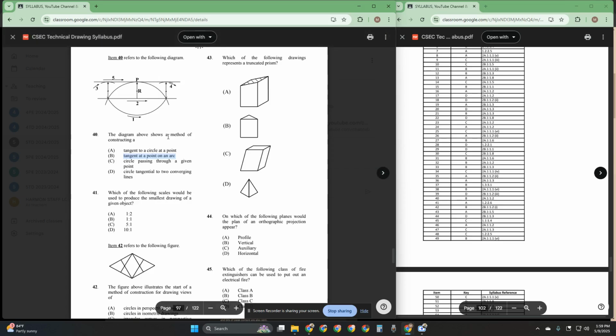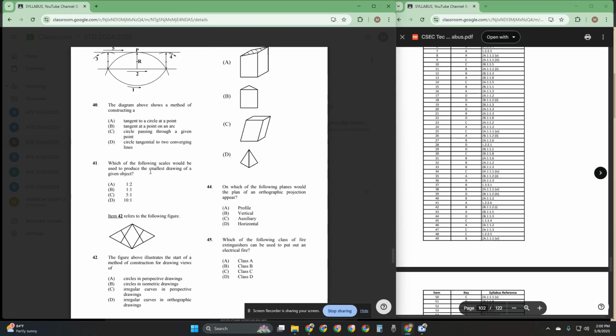Okay, so the point will be P. Got it. It's not a circle. B is the only answer that makes sense.